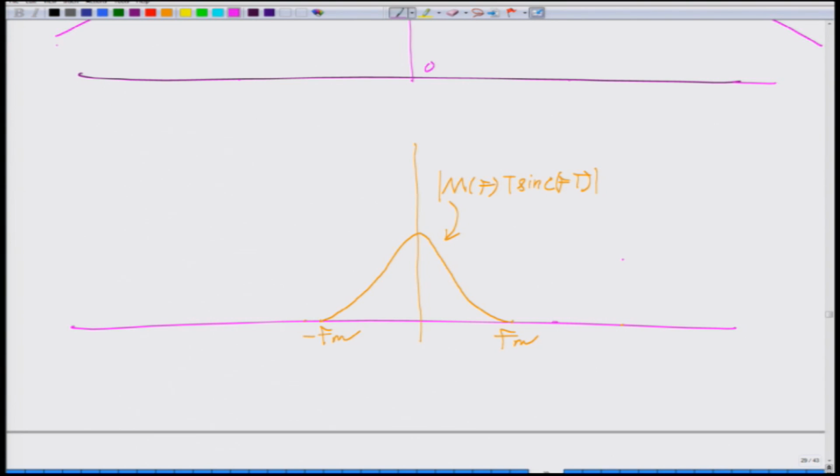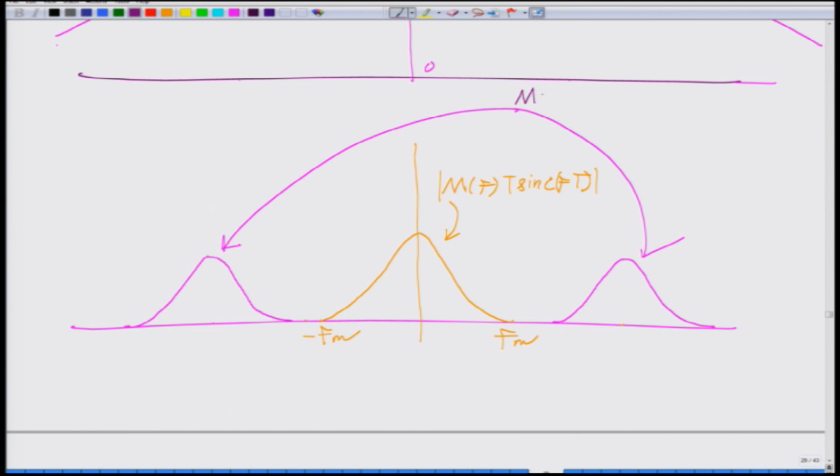This will be something like this, and this will be something like this. The maximum amplitude is decreasing because of the windowing by the sinc. So you can see the maximum amplitude is decreasing progressively as you go to the right, which was not the case in the frequency response of the impulse sampled signal.